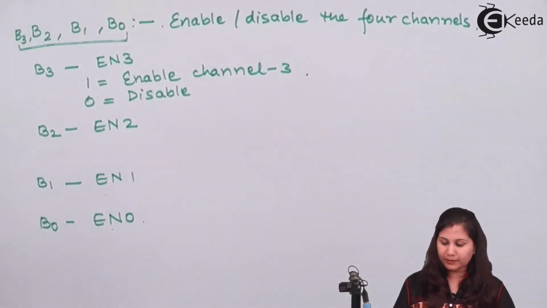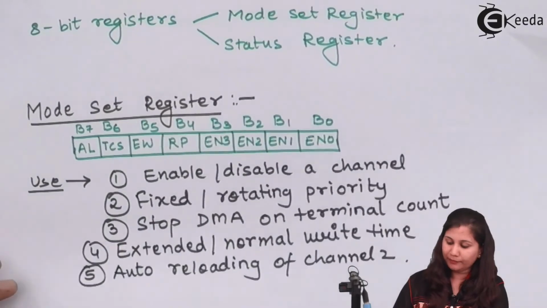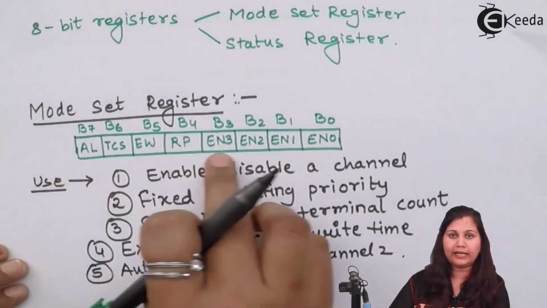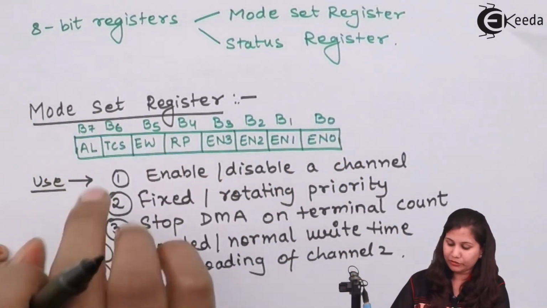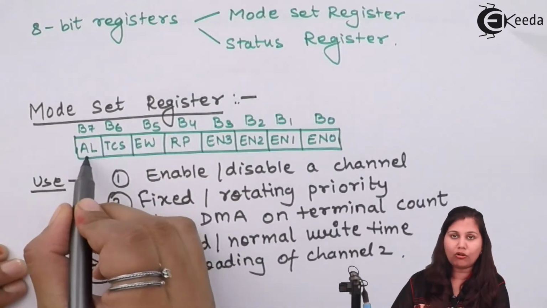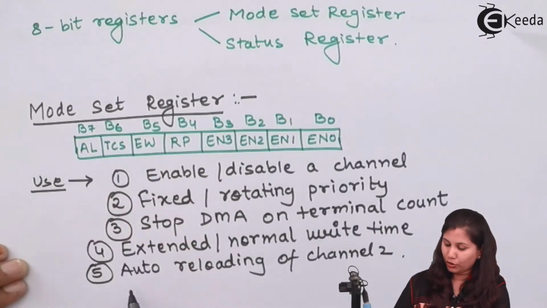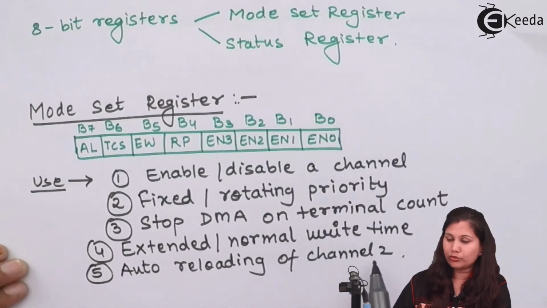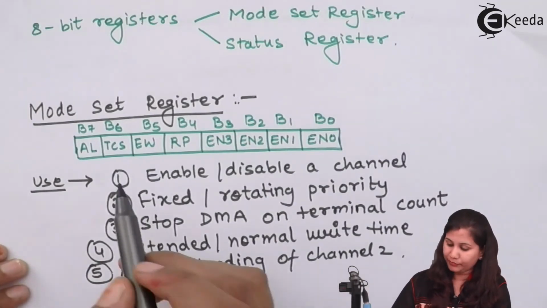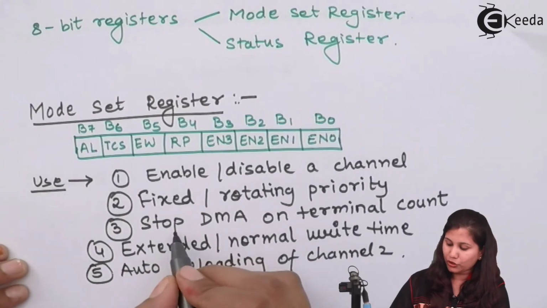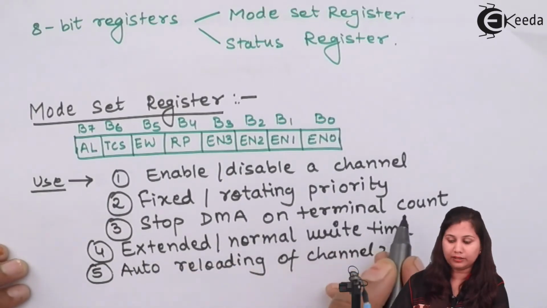So in this mode set register, we have studied all the 8 bits. This was an 8-bit register. AL is for the auto reloading of channel 2, so it is the first use of this mode register. Then TCS is for stopping the DMA on the terminal count.